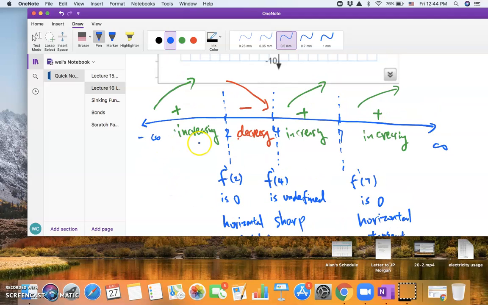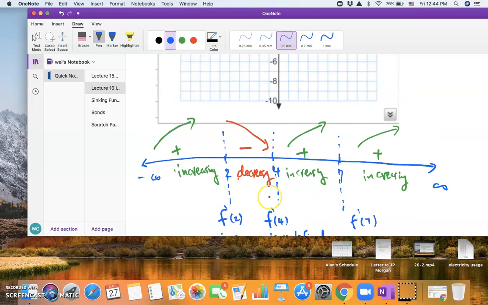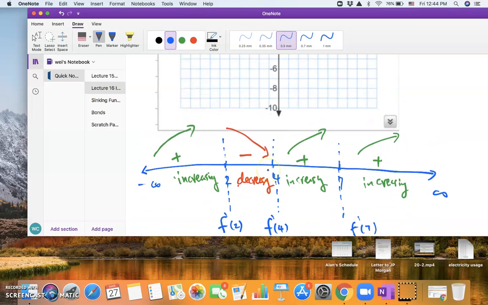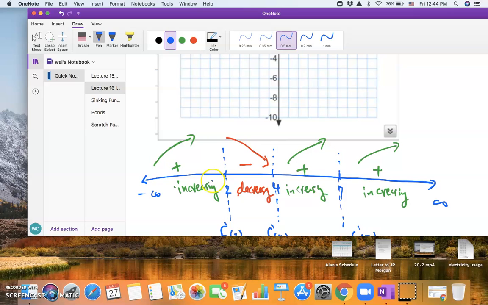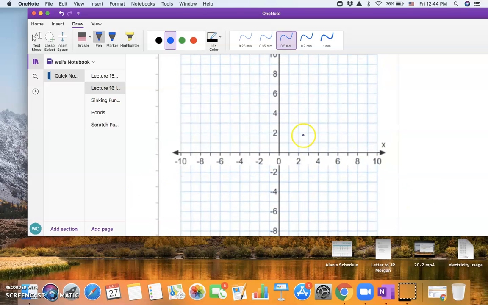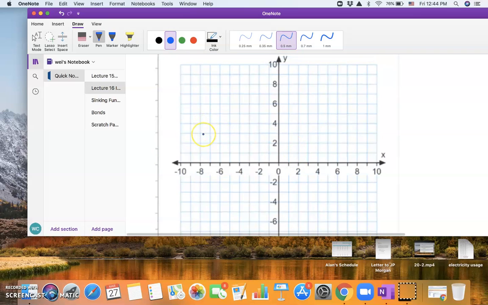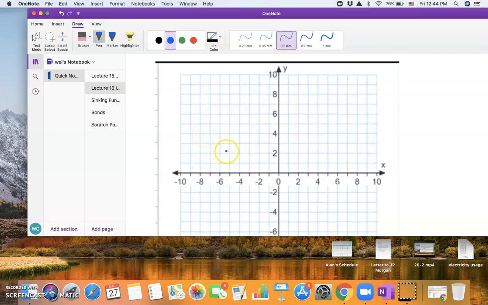Okay, after I found this information, now we can use it to sketch the graph of this function. Since the function is increasing from negative infinity to 2, before 2 the graph will rise, like this way.